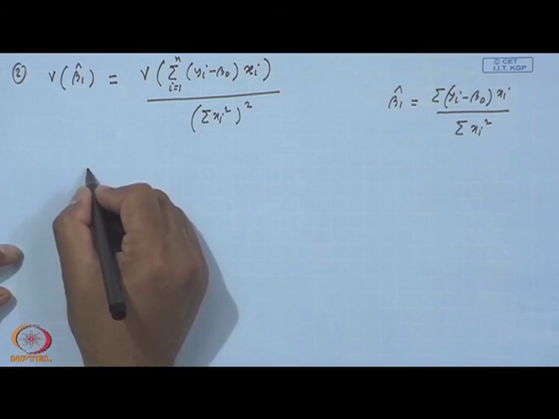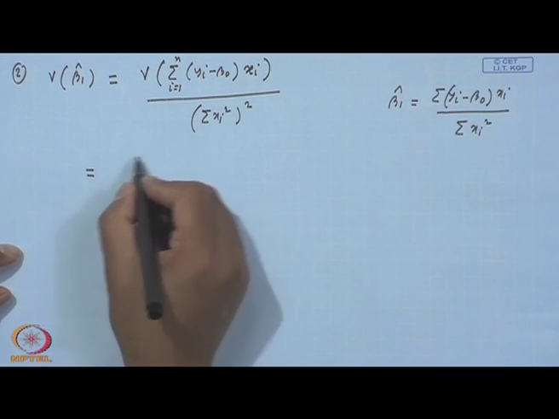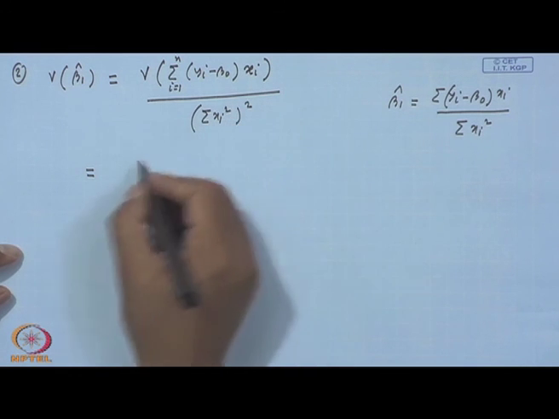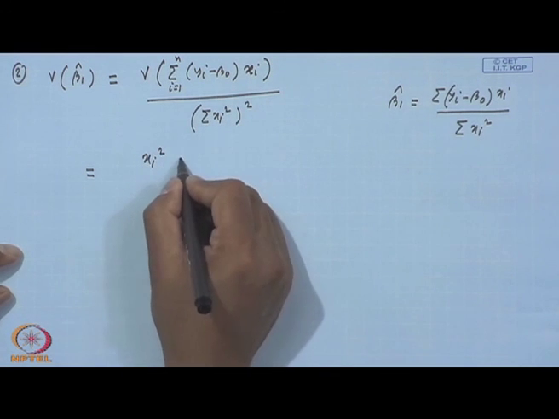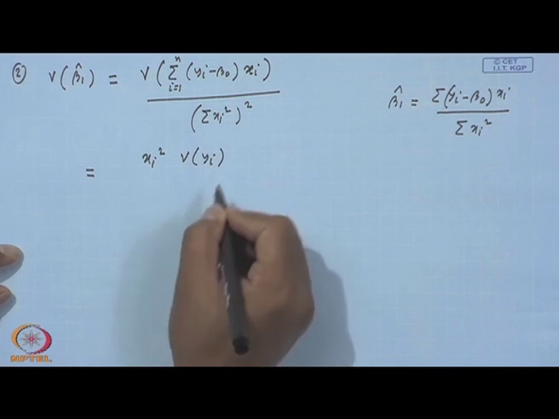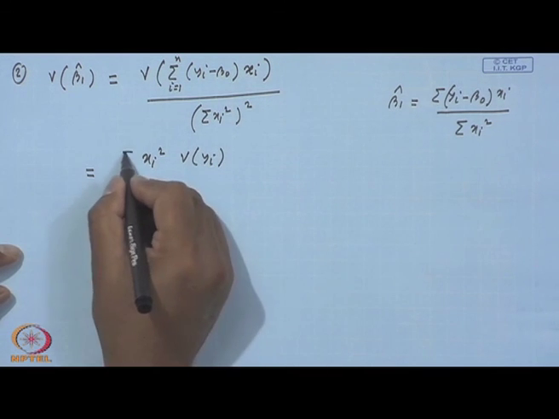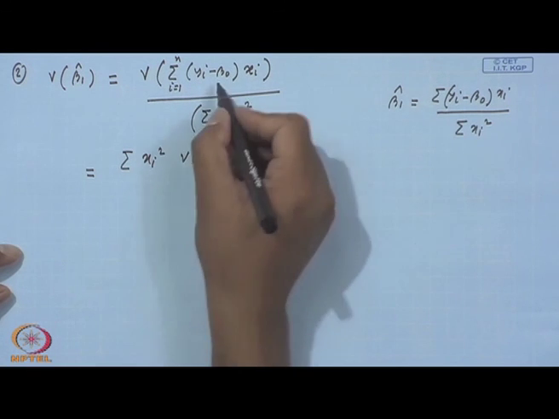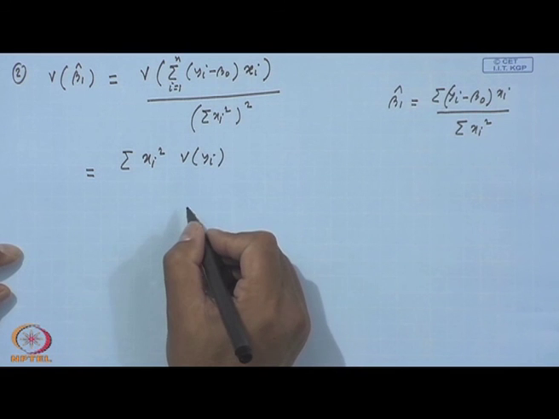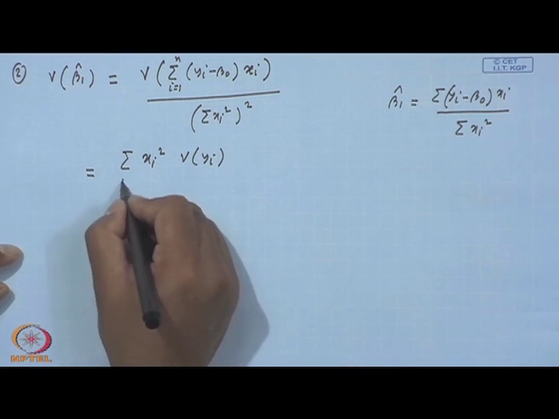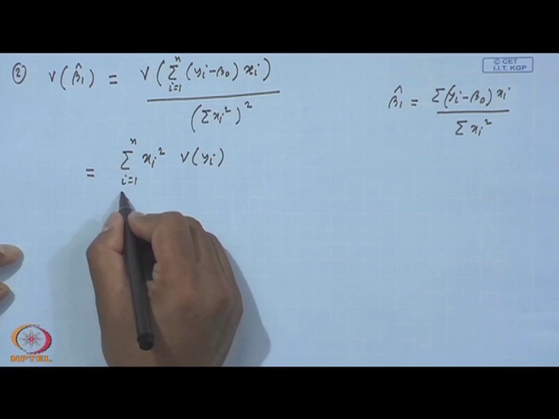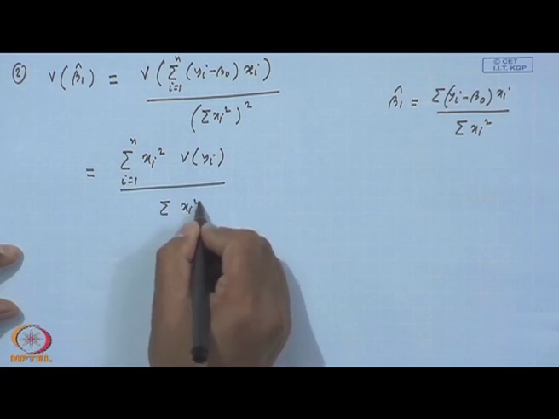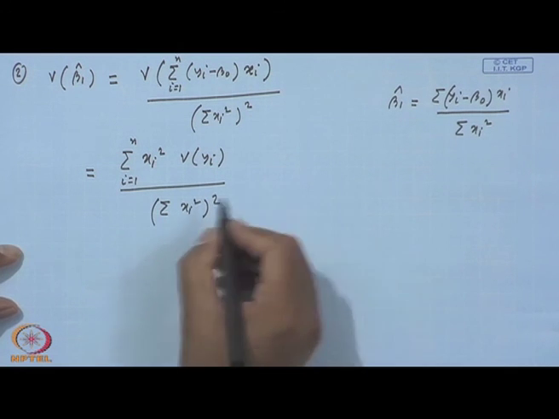Okay. So, they are all independent, the y i's are independent. So, this is x I square times variance of y I. Variance of y I minus beta naught is nothing but variance of y I, because beta naught is a constant, for I equal to 1 to n, by summation x I square whole square.